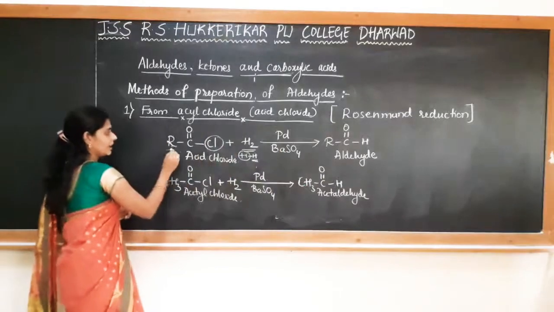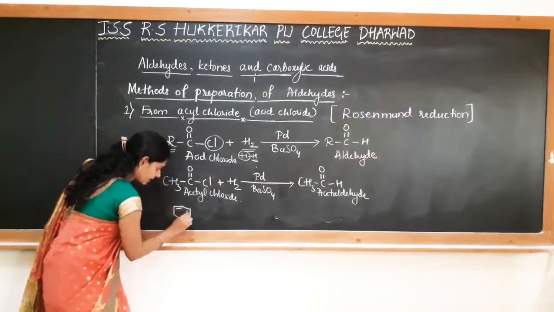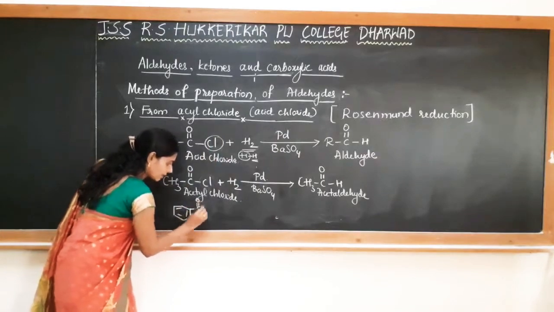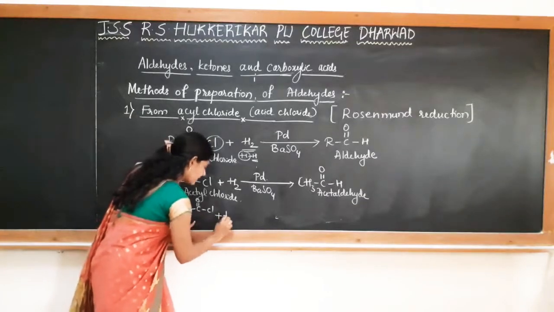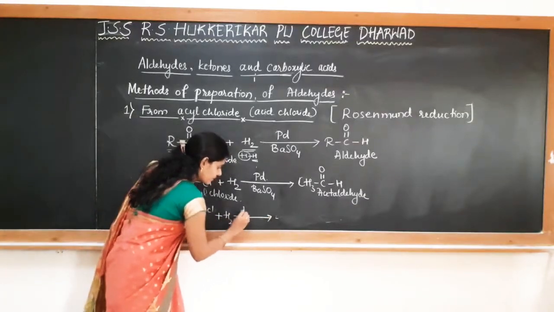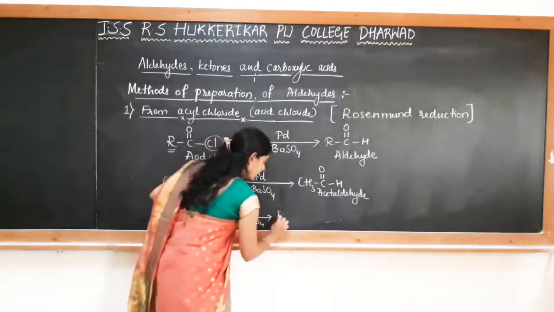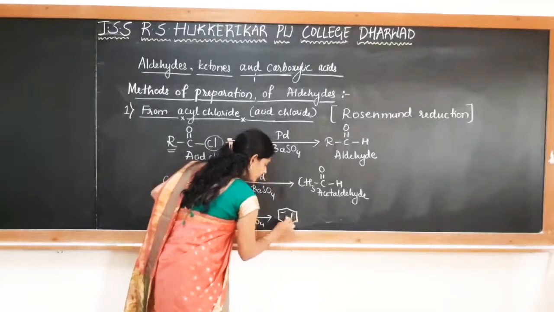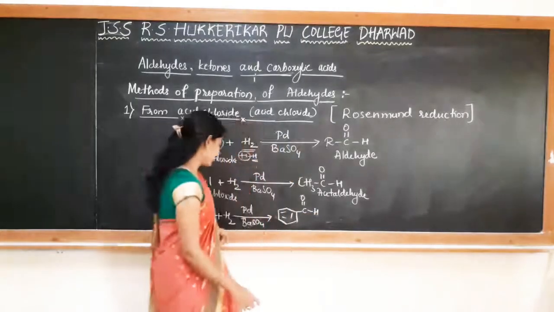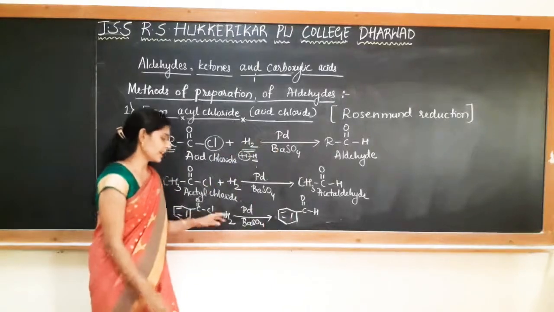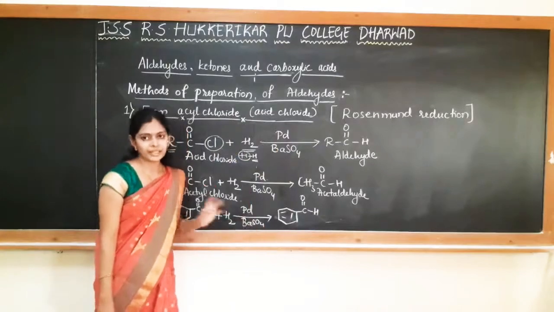Similarly, if I take an aryl group, that is, a benzene ring in place of R, this is benzoyl chloride. When this is treated with hydrogen in presence of the same catalyst, we get benzaldehyde. Benzoyl chloride is reduced to benzaldehyde by passing hydrogen gas over it in presence of palladium and barium sulfate.